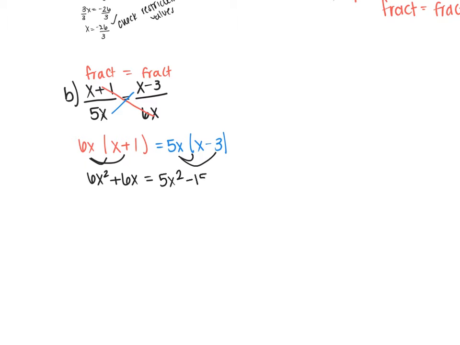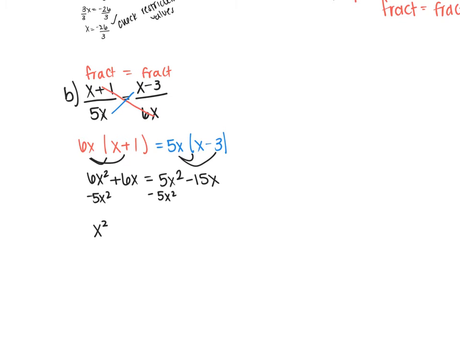minus 15x. Now, because this is different than the other one, I have x squared and x's. This is making me think, okay, I may be doing some kind of factoring. So I'm going to move everything over and get it equal to 0. Again, I like to move the smaller to the bigger. So I'm going to minus 5x squared, that's going to give me x squared.